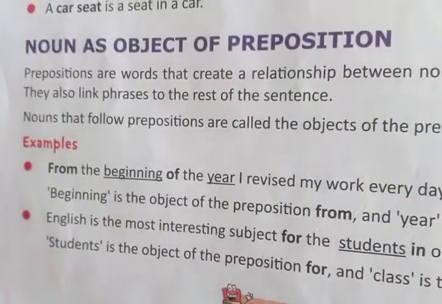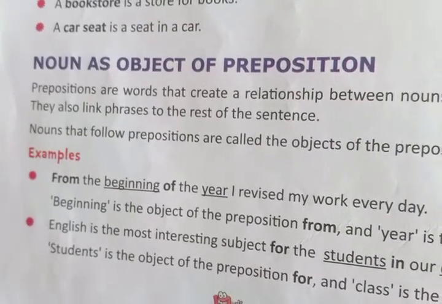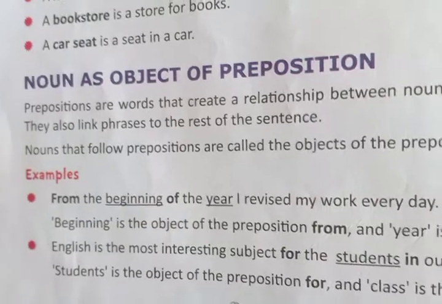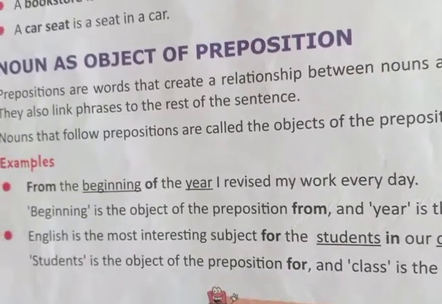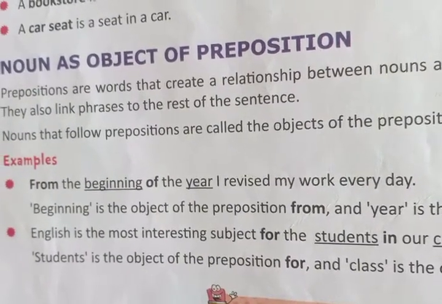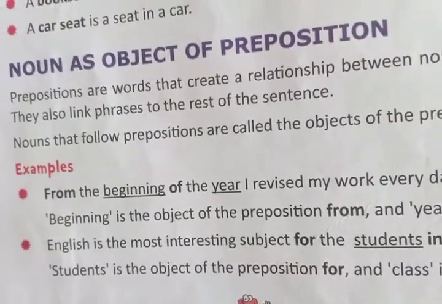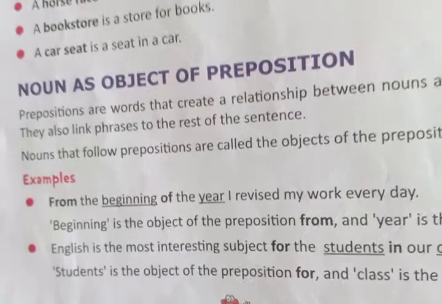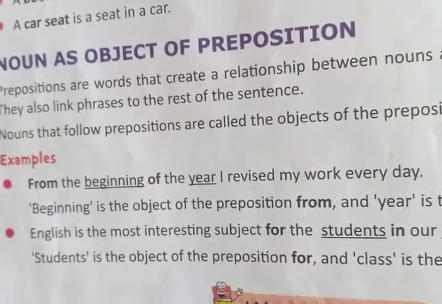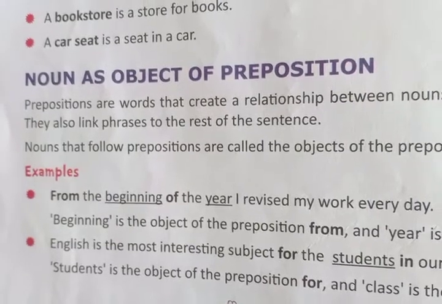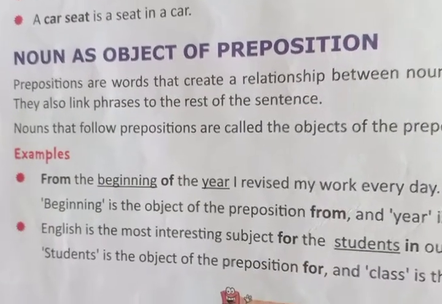My dear students, when you read the examples or the definitions, sometimes it becomes difficult to understand, but the examples are the best way to understand the definitions of the given terms.